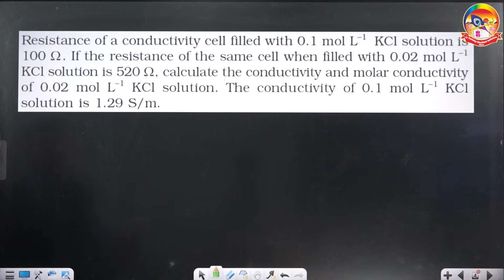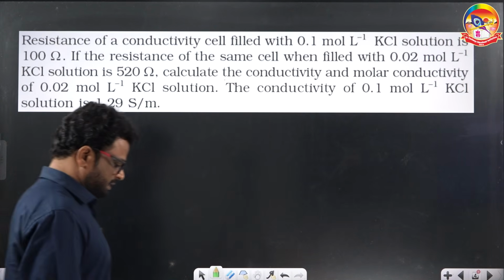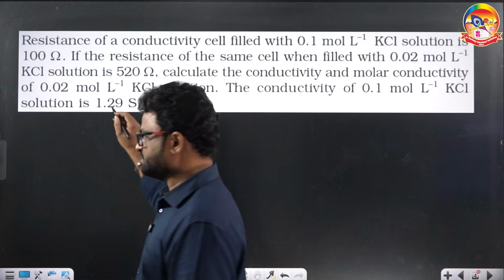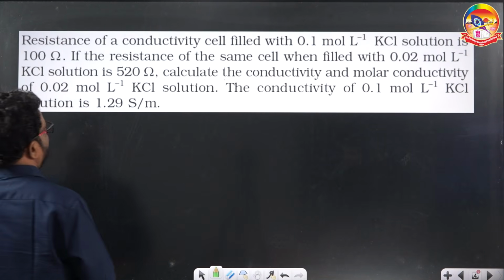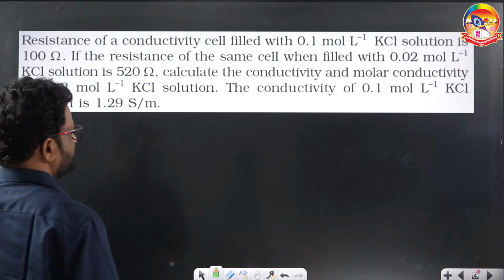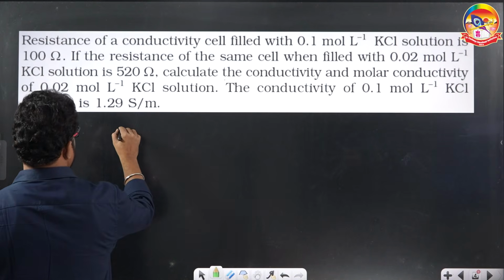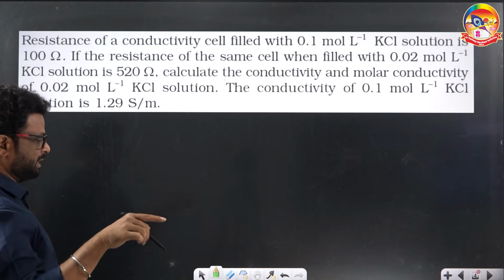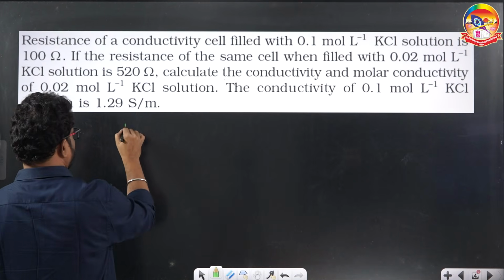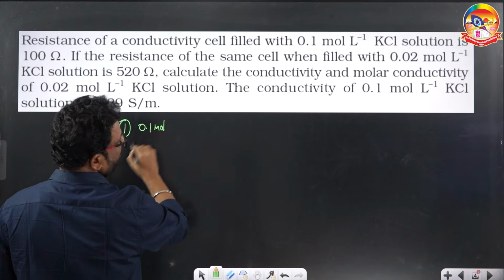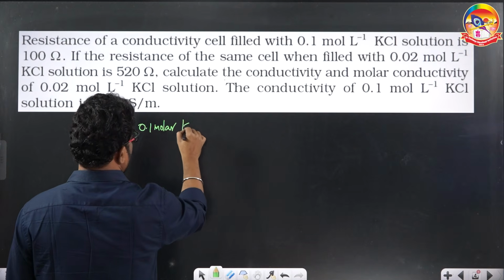First one is related to conductance, resistance, conductivity, molar conductivity, all these relations. Resistance of a conductivity cell filled with 0.1 molar KCl solution is 100 ohm. So there are two solutions which are taken in the same conductivity cell. That means L by A is same for them. I'll take the first solution, which is 0.1 molar solution of KCl.